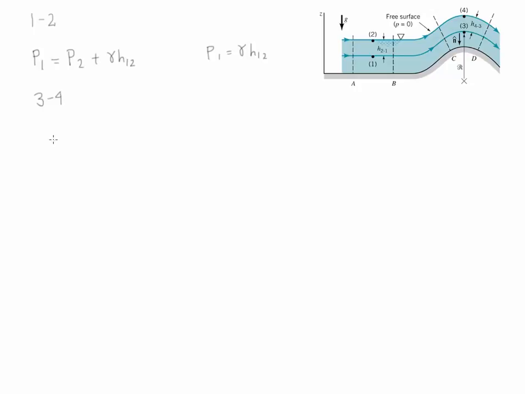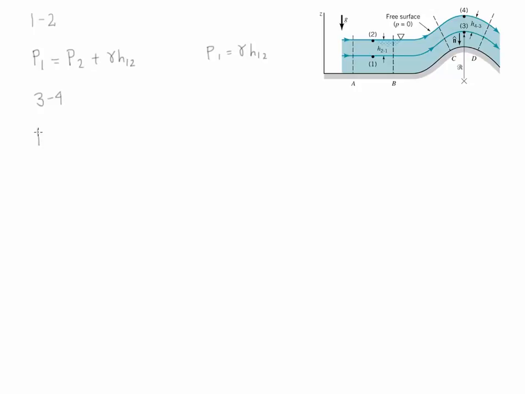Unfortunately, in this case, the streamlines are not horizontal and we have a curved section. Therefore, we need to use the equation that relates pressure, velocity, and elevation for points that are across the streamline.